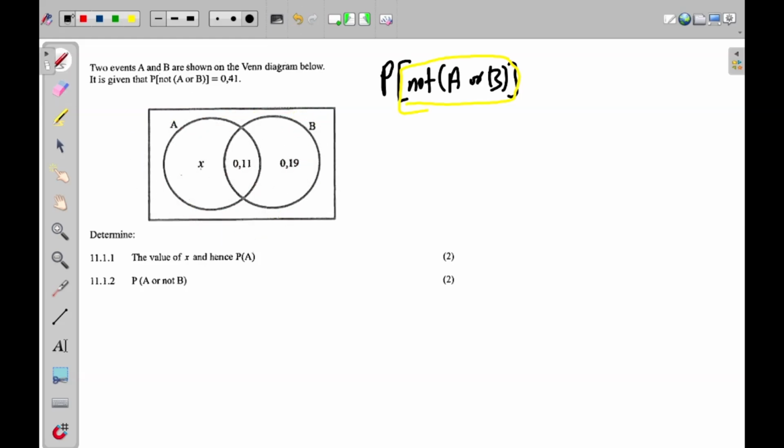So I know that outside the union, I've got a 0.41. But what did we establish? We have established that if I actually add all the probabilities, that is, if I add the x, I add the 0.11, I add the 0.19, and finally this 0.41, I must actually get 1.